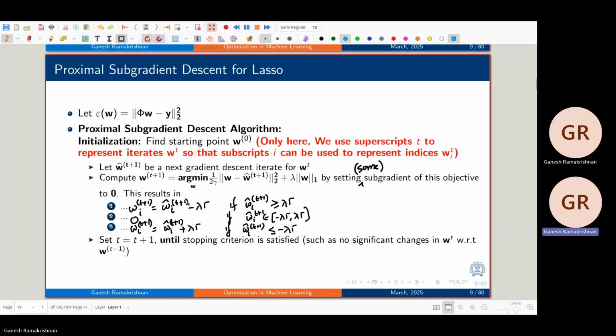Wi t plus 1 is W hat t plus 1 minus lambda gamma. Instead of tilde, I've just used a hat there. That's the intermediate one. Now you've got the entire algorithm, right? It's called iterative, so you see the iteration is only outside, not inside. Clear?